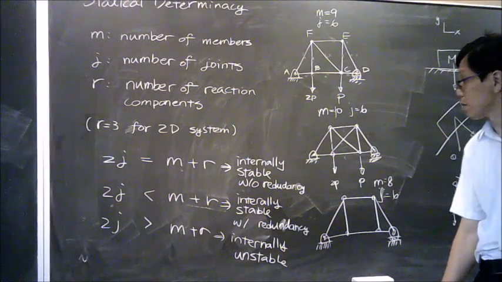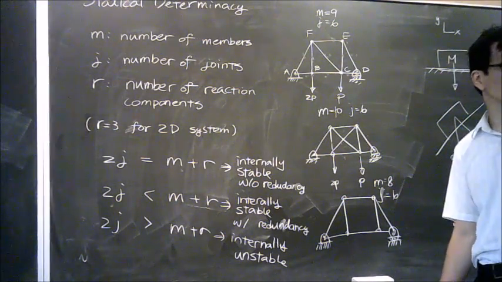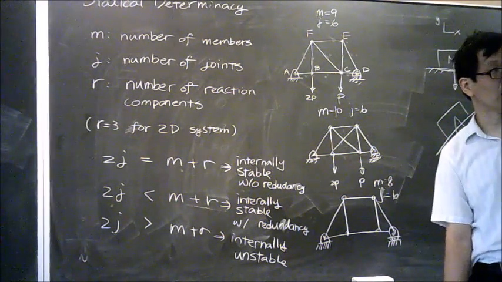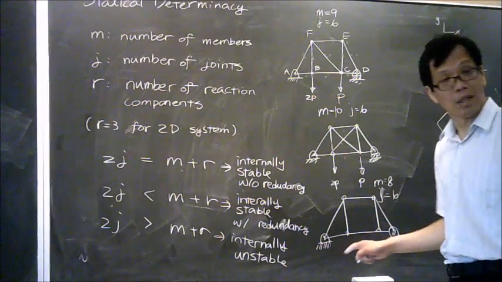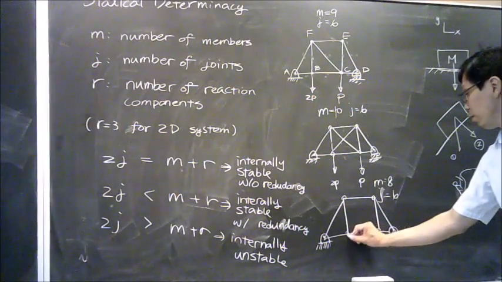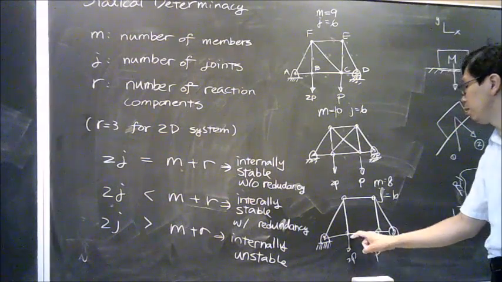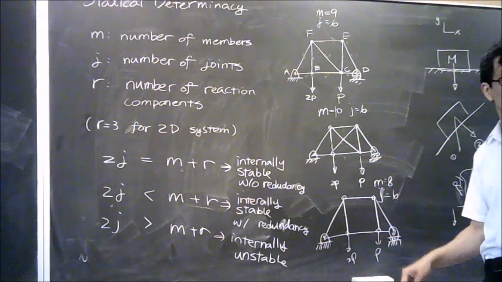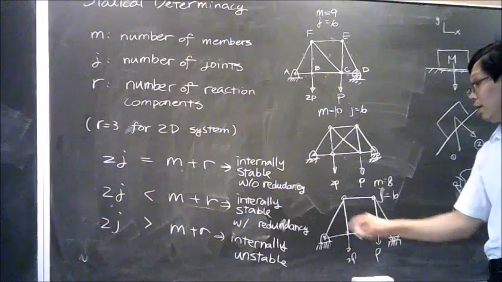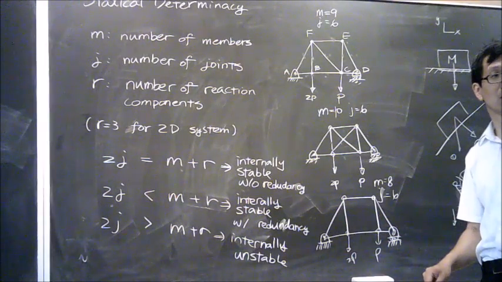So m plus r equals 11, and 2j equals 12. So this is internally unstable. So if you put forces not necessarily at those two locations, but at other locations, it is likely this one is going to collapse. Okay.